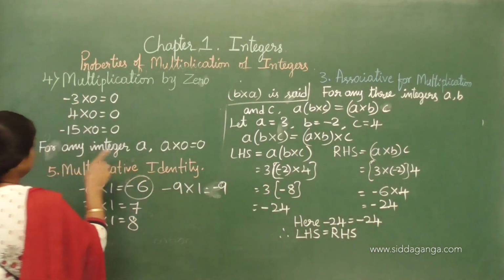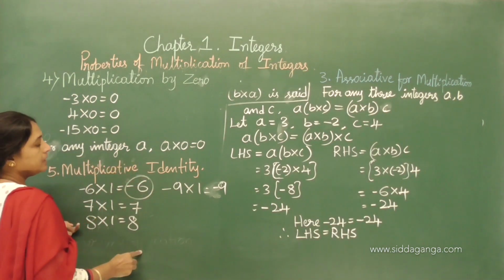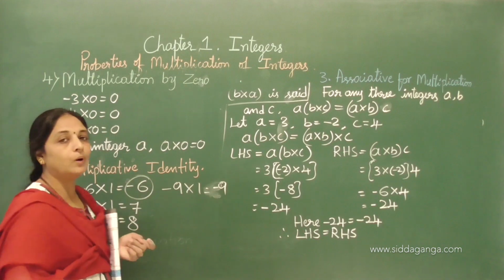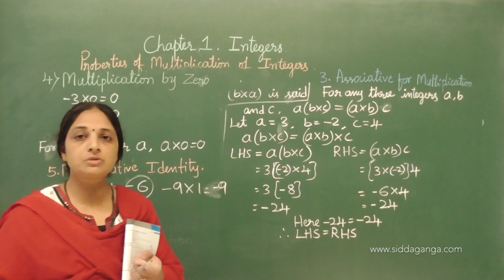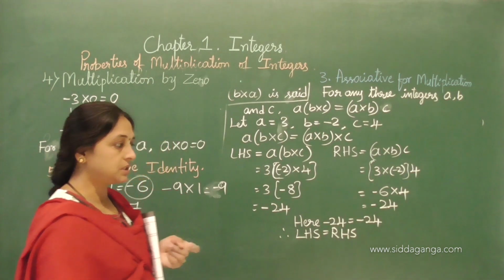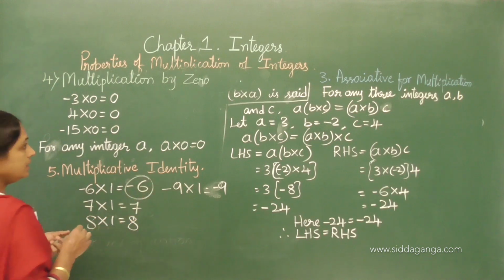Then what can we say? For any integer a, a into 1 is equal to a, a belongs to Z, 1 is said to be the multiplicative identity.